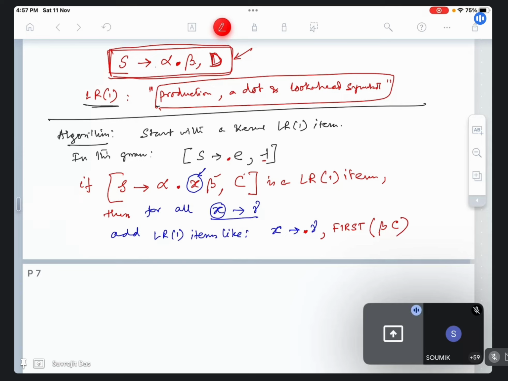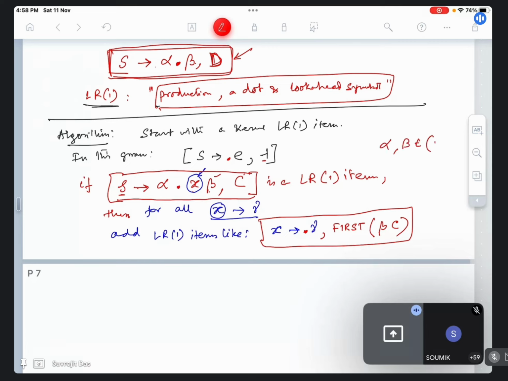Now use your brains for 2 minutes. You will understand that this may look cryptic, but this is very easy to understand. So please concentrate for 2 minutes and you will understand everything. If you have an LR1 item that looks like this, S is a non-terminal, it goes to alpha dot X beta, alpha beta as usual are strings from N union V star of your grammar.